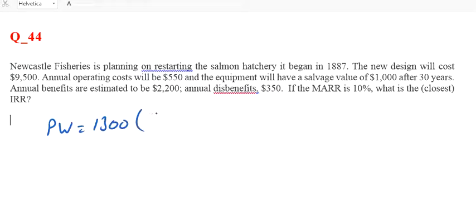$1,300 P given A, i is 10%, and it's 30 years here.